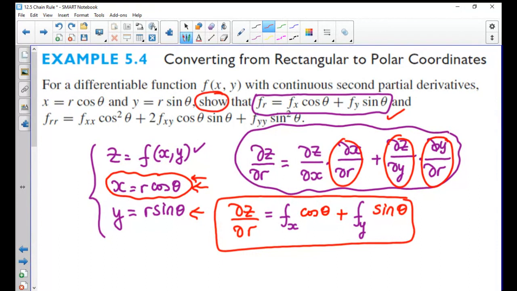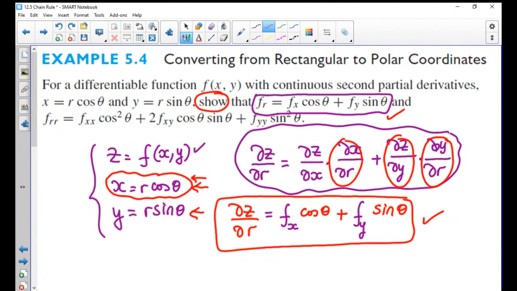Show that the derivative of f with respect to r, f or z, same thing, is given by this formula, and that's okay. That's basically some examples of this chain rule with two variables and the way it works.